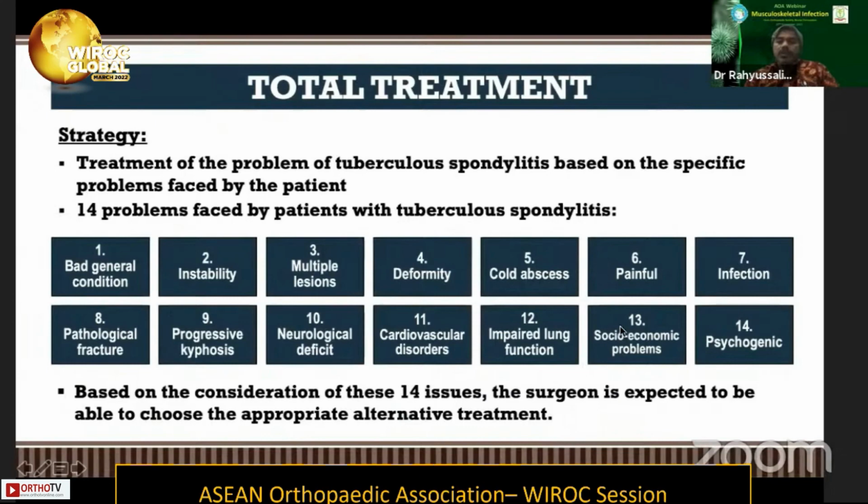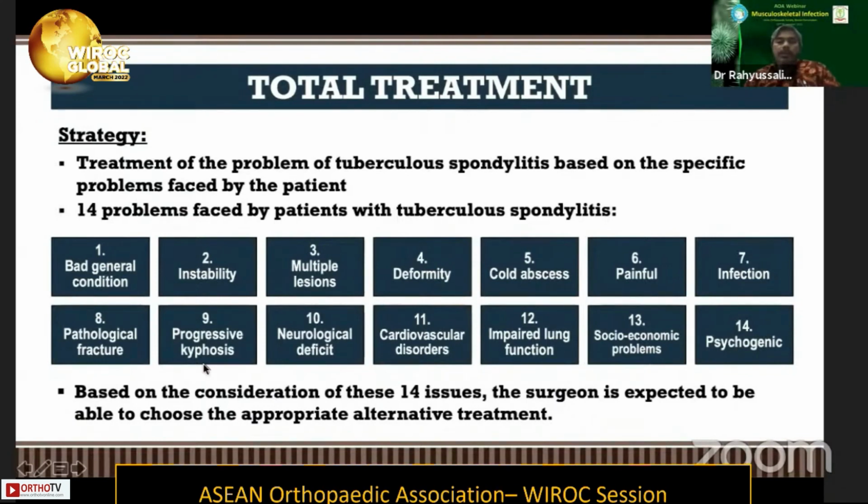The 14 problems are general condition, instability, lesion, multiple lesion, deformity, collapse, painful infection, fracture, progressive kyphosis, neurological deficit, cardiovascular disorder, impaired lung function, socioeconomic problem, of course especially in our country, and sometimes psychogenic problem.